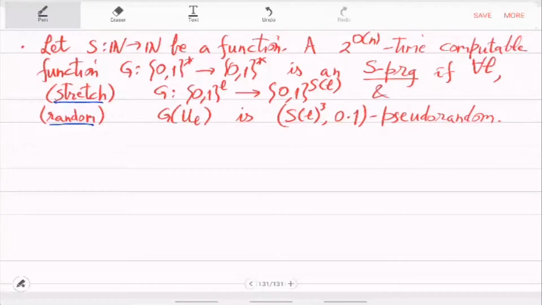So what is the consequence of this definition and then this object? First question you should ask is whether this object actually exists. That is an open question currently. We don't know whether these things exist.